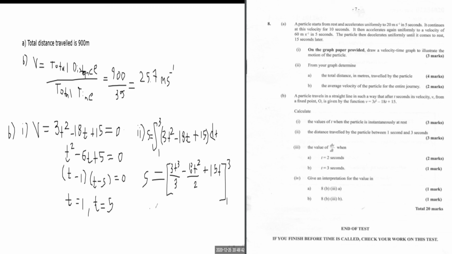Plugging in 3, 3 cubed is 27, minus 18 over 2 is 9, times 3 squared which is also 9, so 27 minus 9 times 9, plus 15 times 3.